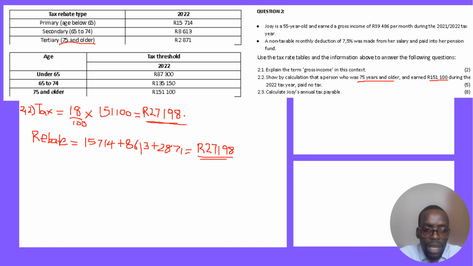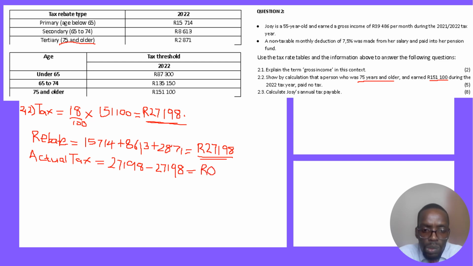That would now mean that the actual tax that the person is going to pay is 27,198 minus 27,198, so the answer that we get there as the actual tax in rand amounts is 0.